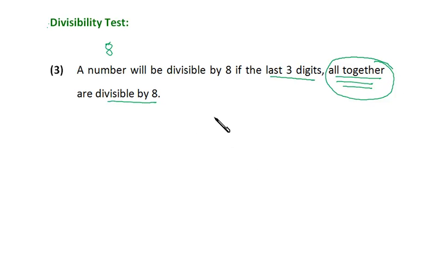So suppose you've got this number 1, 2, 3 and 2, 1, 2, 3, 2, 4, 6, right? Now over here we need to concentrate on this, okay? So 2, 4, 6 divided by 8. In 24 that's 3 times, and in 6 it doesn't come, right?